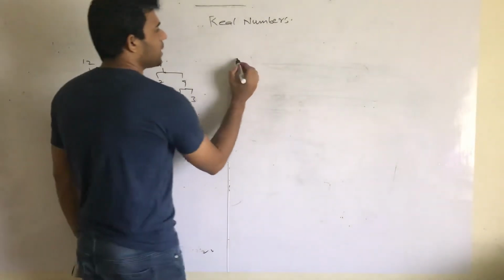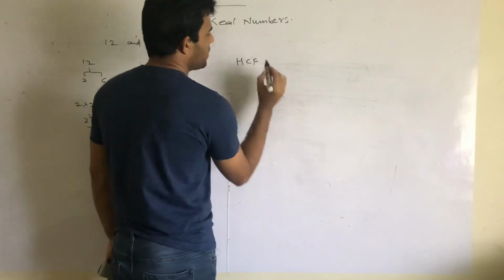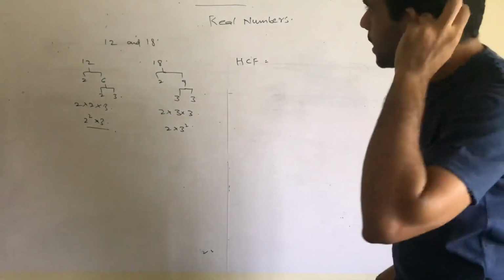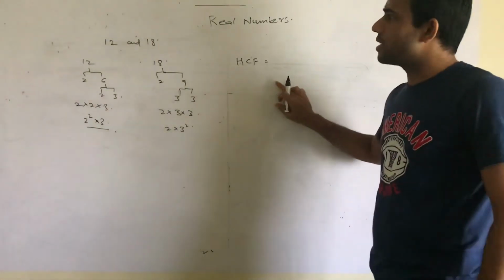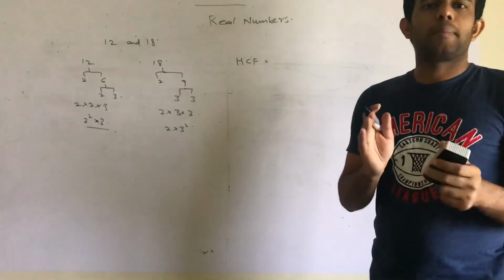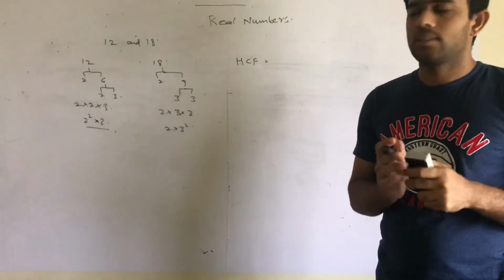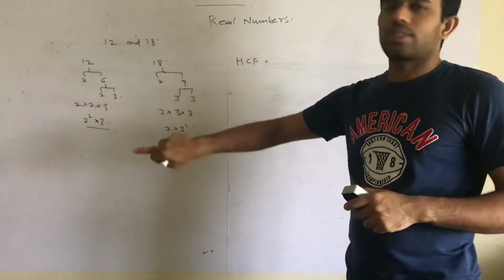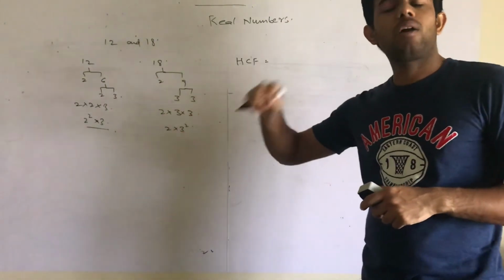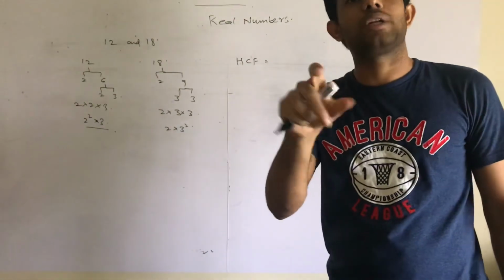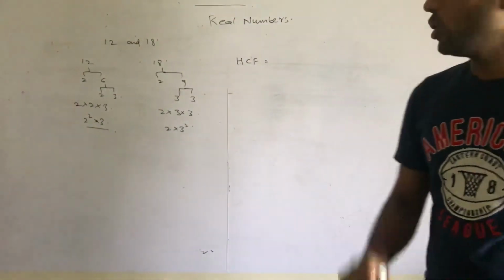So now let's learn what is HCF. So HCF is the highest common factor, and how you can come to the HCF is when you write two numbers into prime factors, then you need to multiply the smallest powers of the factors of those two numbers.